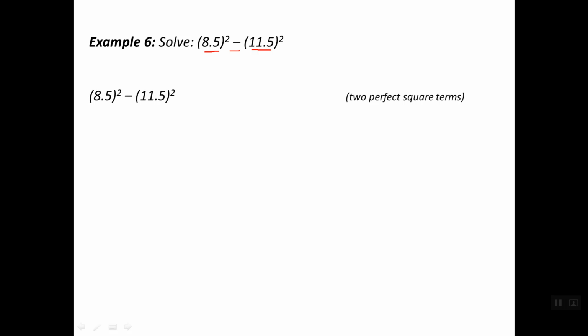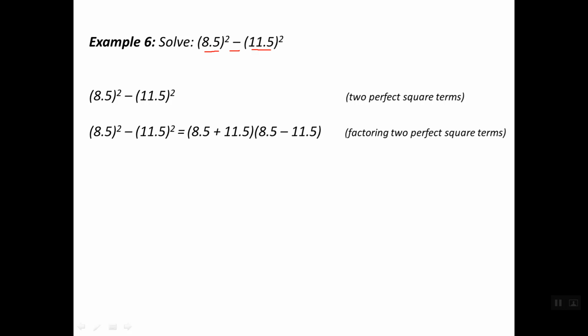So we have two perfect square terms. So the first factor is the first term plus the second term, multiplied by the first term minus the second term.